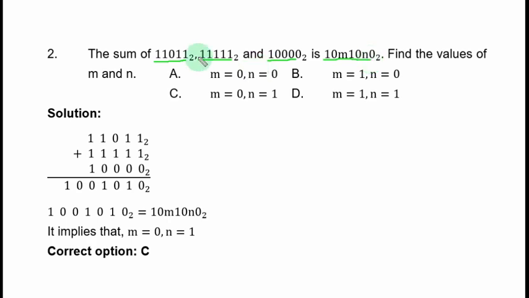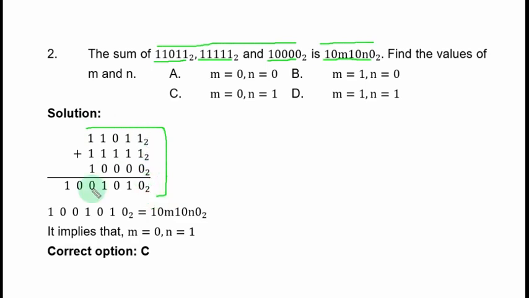Here what you do is to add these binary numbers, then compare your result with this to know the positions of m and n. And you know in binary we only have 2 digits, 0 and 1. So this is the arrangement for addition. You always start from the unit.